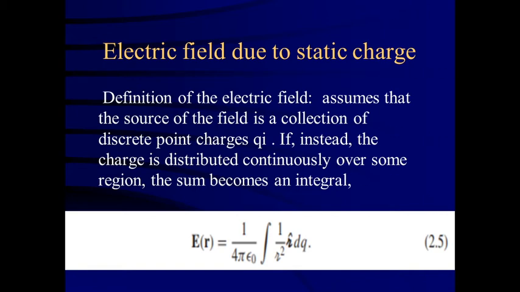Now we are starting with electrodynamics. First of all, you must know the difference between static electricity and time varying electric field. What is electric field? How is it generated?